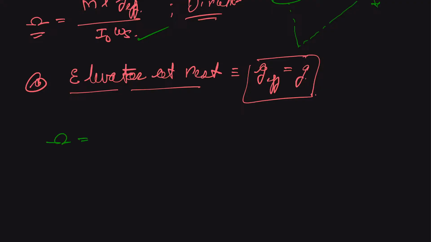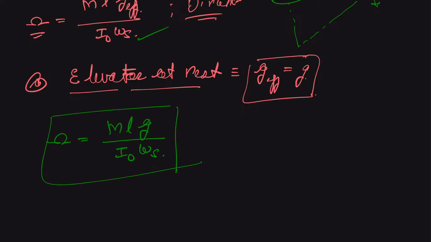We get that omega is equal to m times L g upon I naught times omega s. So this is our part A. Okay, and it will be clockwise when viewed from the top. So we have to remember this is clockwise viewed from top.